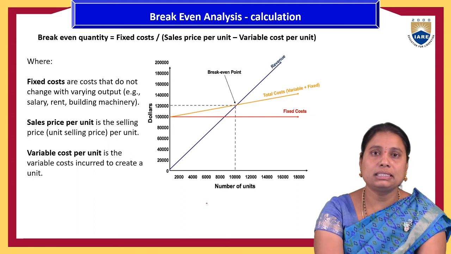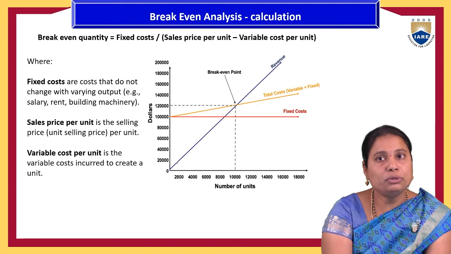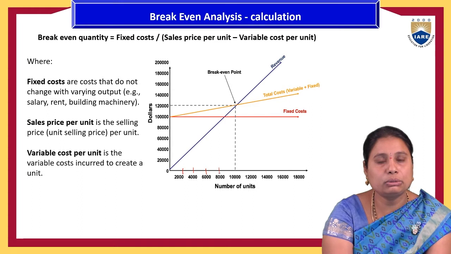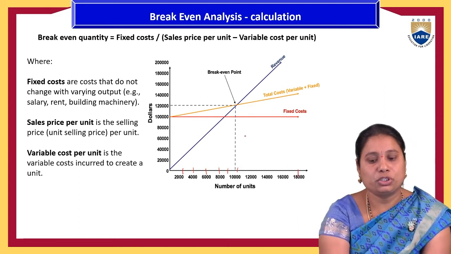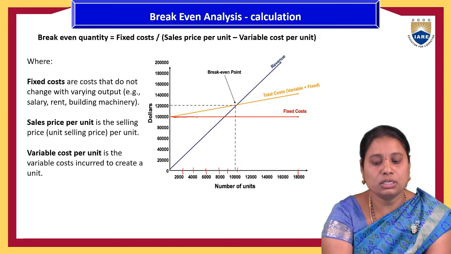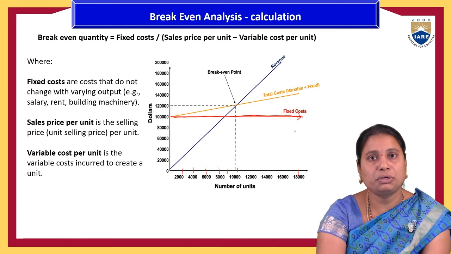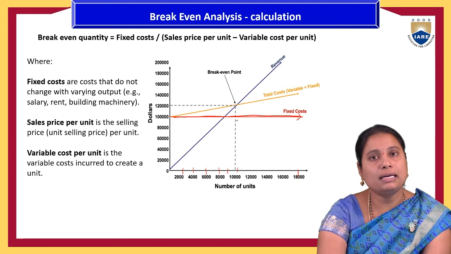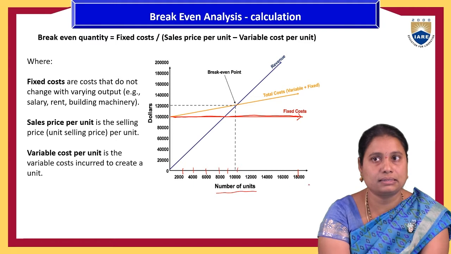Let us say a unit of the producer is producing 2,000 units, 4,000, 6,000, 8,000, 10,000 units, up to a maximum capacity of 18,000 units, and the producer is spending 10,000 on rent as well as other fixed expenditures. Then it will become a line parallel to the x-axis if we take the number of units on the x-axis.